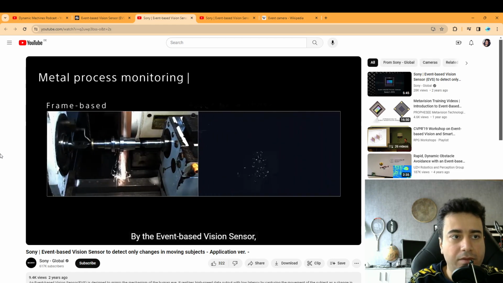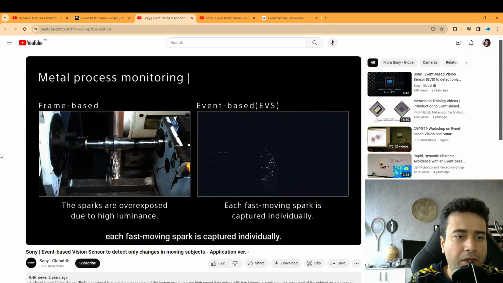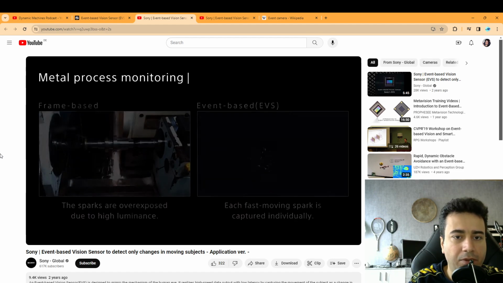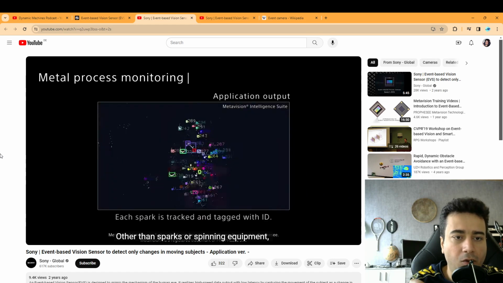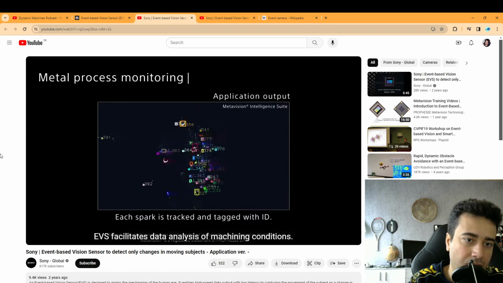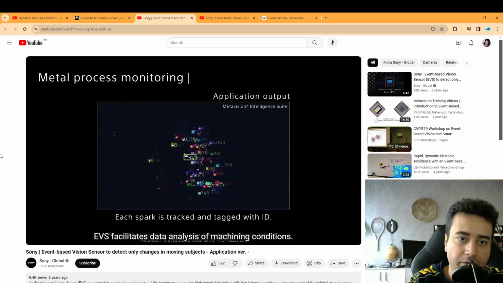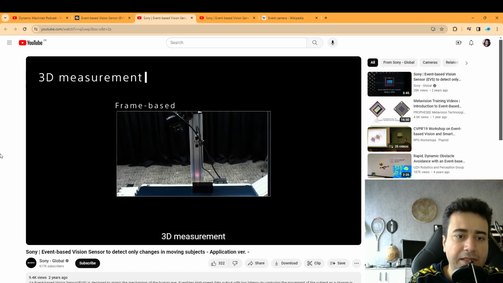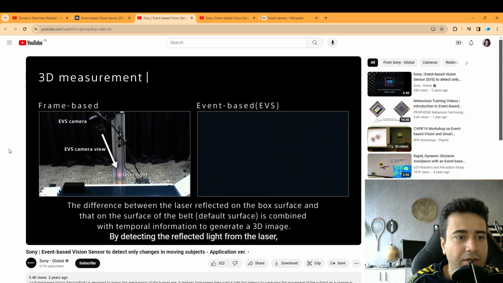In metal processing, for example, monitoring sparks is another application. You see at the right side, all these small sparks can be detected and followed up, and the number of sparks can also be summed up.